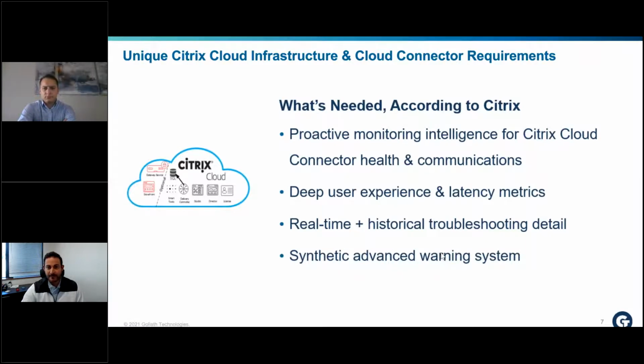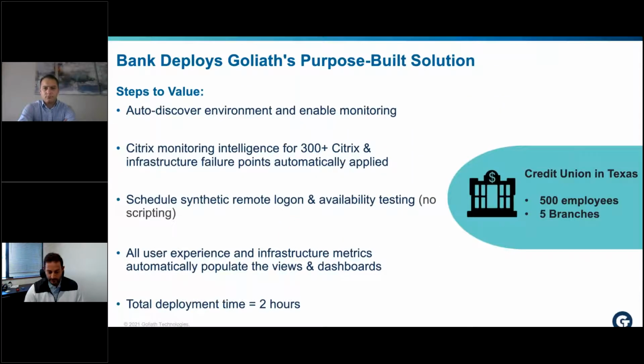So without this type of visibility into real-time and historic user experience and having that embedded intelligence automation, it's really, really difficult to be able to effectively monitor user experience.